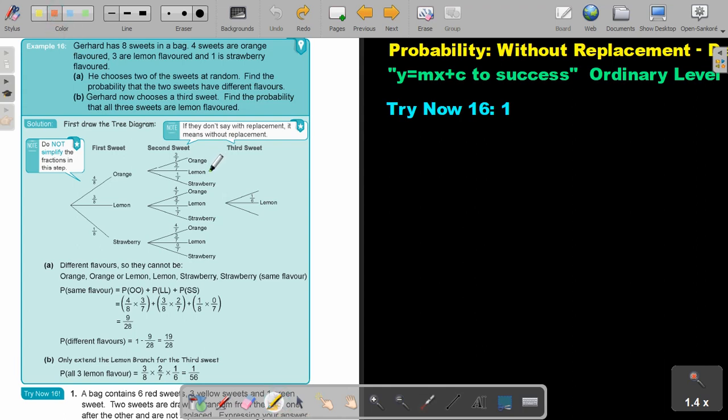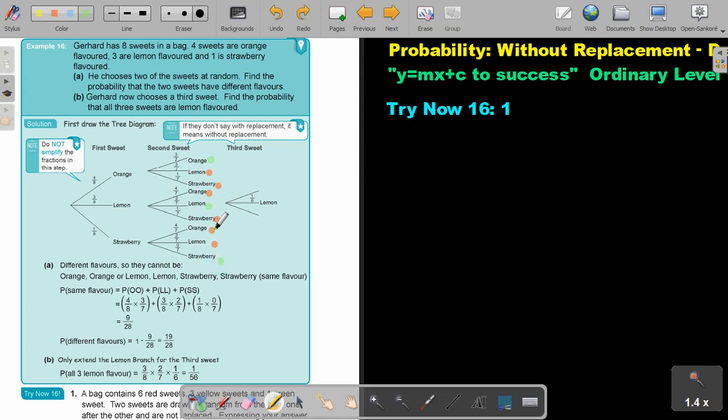Different is going to be this one, this one, this one, this one, this one, this one. So it's going to be 6 branches that you must multiply and add. But the only ones that it's not going to be are the same.